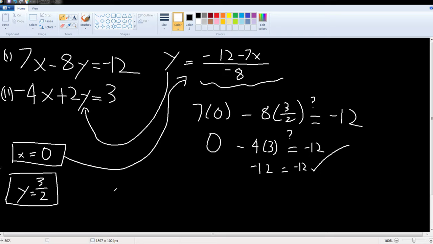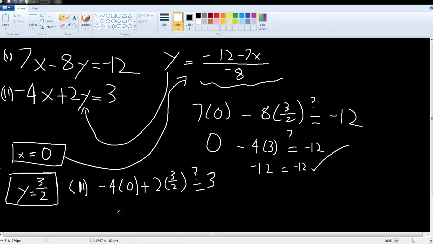Let's do the second equation. We have negative 4 times 0, because x is equal to 0, plus 2y. y is 3 halves, so we get 2 times 3 over 2. And does this equal 3? We shall see.